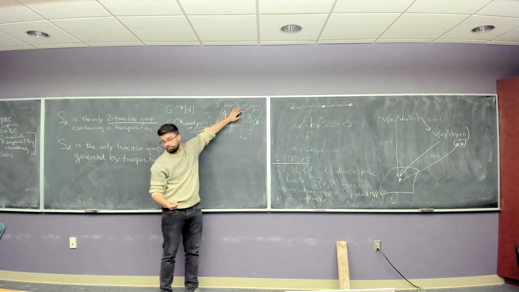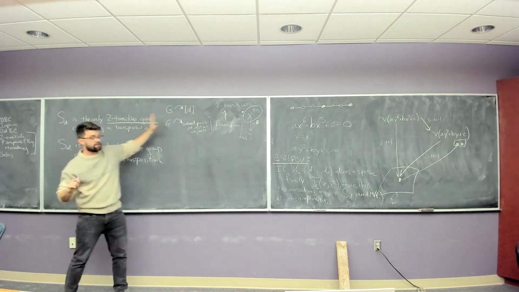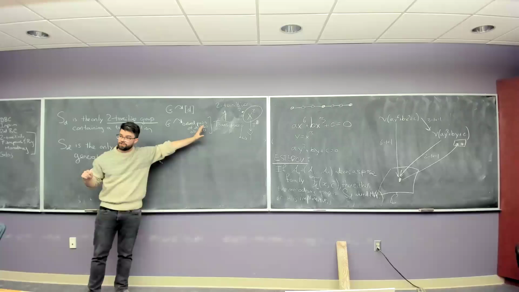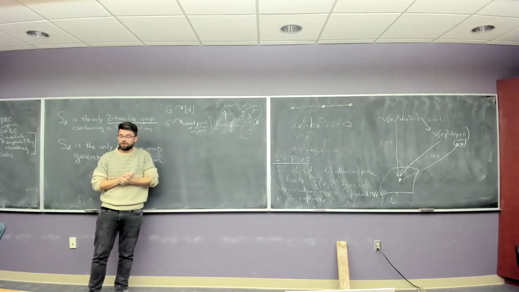Then you have to do a little bit more work to show that it actually swaps these two. All I'm saying is that there are group theoretic characterizations of the symmetric group, which can be translated into geometric problems that you can solve using geometry.